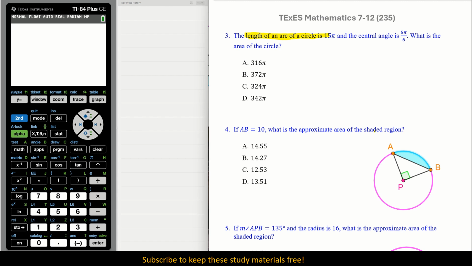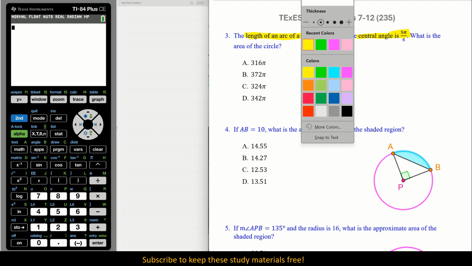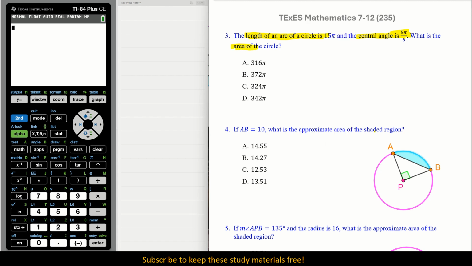This means when we use this with our central angle, we will not be able to find what the question is actually asking. It's asking for the area. So we need to solve for the circumference first, and then we can use that radius to find the area.